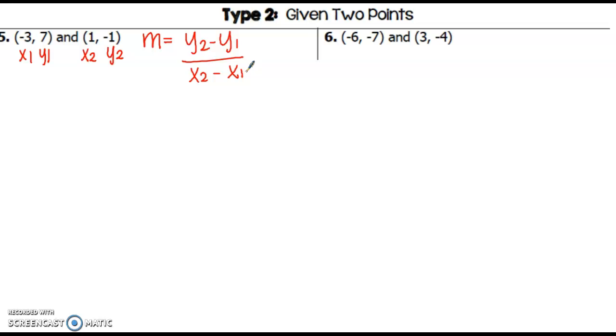I'm going to replace my numbers. So I know that my y2 is a -1 minus my y1, which is a 7, divided by my x2, which is 1, minus my x1, which is a -3.